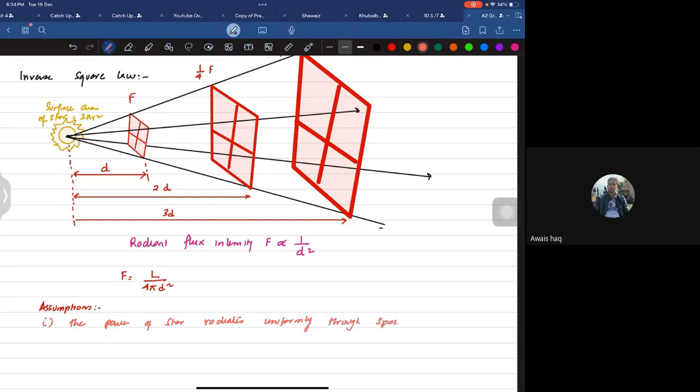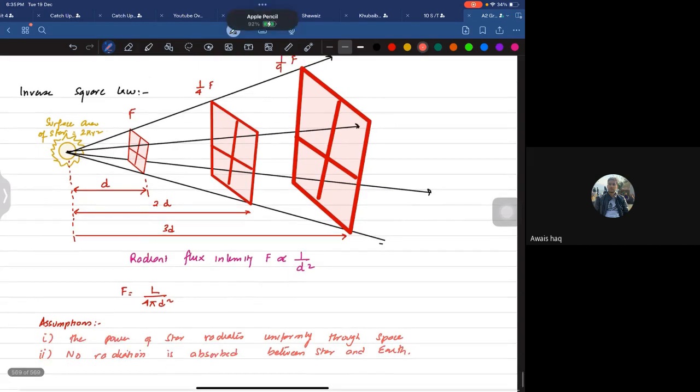This is the first assumption. And the other is that no radiation is absorbed between the star and Earth. These are the two assumptions we make for this formula to work.